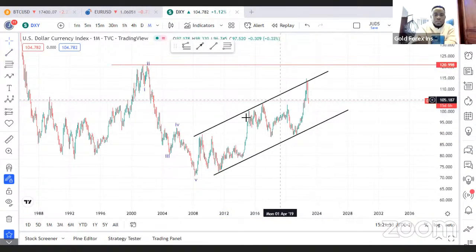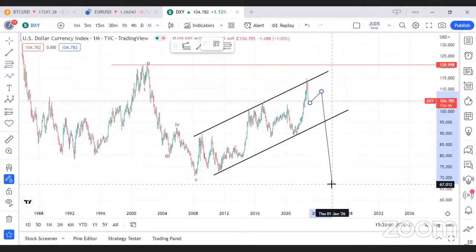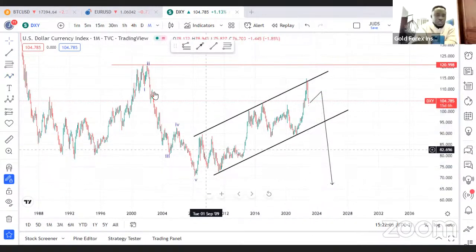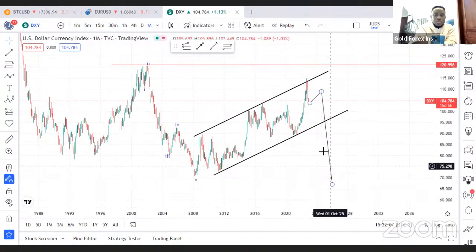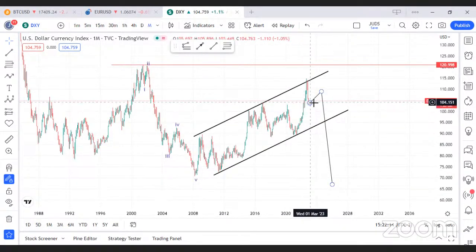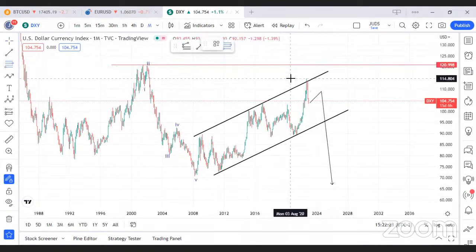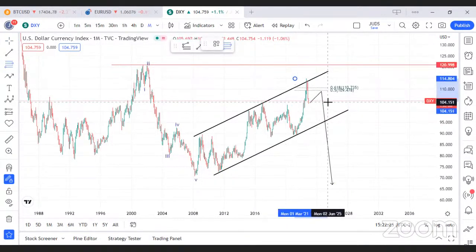Good. And then if this is the first impulse, you can have a correction, and that one too is also possible. That's also likely. So for now we have the ending diagonal on H4 over here, and we'll just watch how the market reacts to these zones, the 50% or 61.